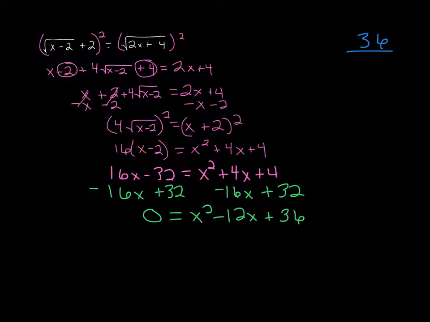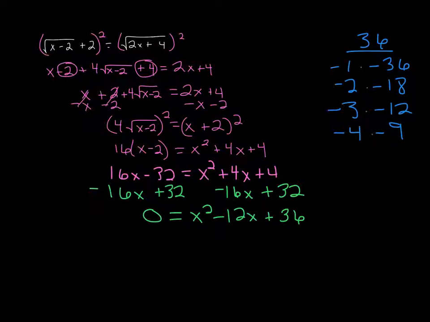And it's positive, but B is negative, so everything is negative. Negative 1 times negative 36 does not add up to negative 12. Negative 2 times negative 18 does not add up to negative 12. Negative 3 times negative 12 doesn't work. Negative 4 times negative 9 doesn't work. Negative 6 and negative 6. That works.